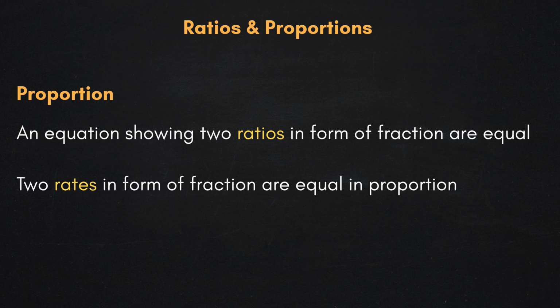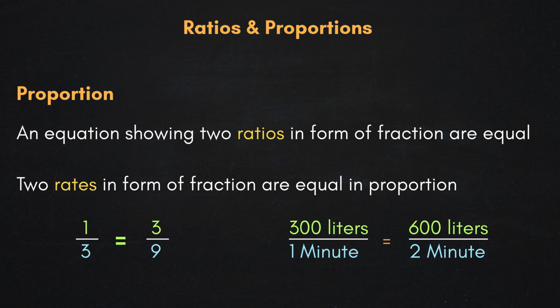Of course, these rates are also in the form of fractions. To simplify it, if we compare two equal rates or ratios in the form of fractions, then we get proportions. Consider we have a ratio 1/3, and we take the same ratio like 3/9. Then we get a proportion. Remember, a rate is in itself a fraction, so two equal rates, like two equal ratios, is a proportion.